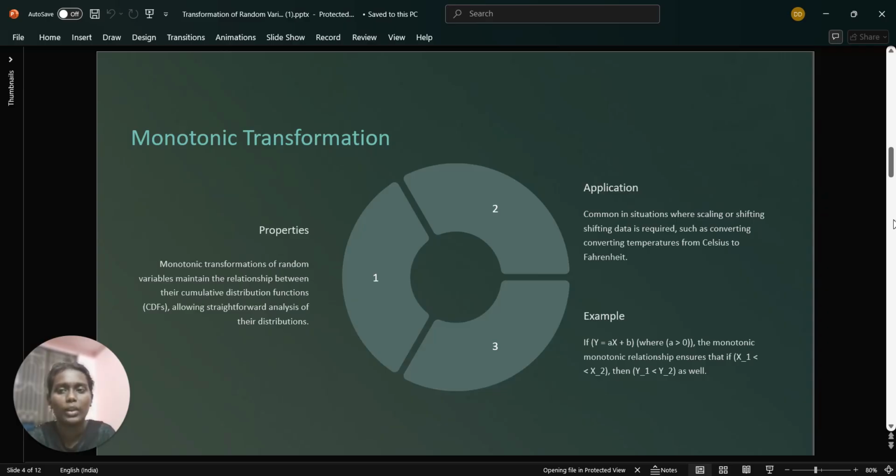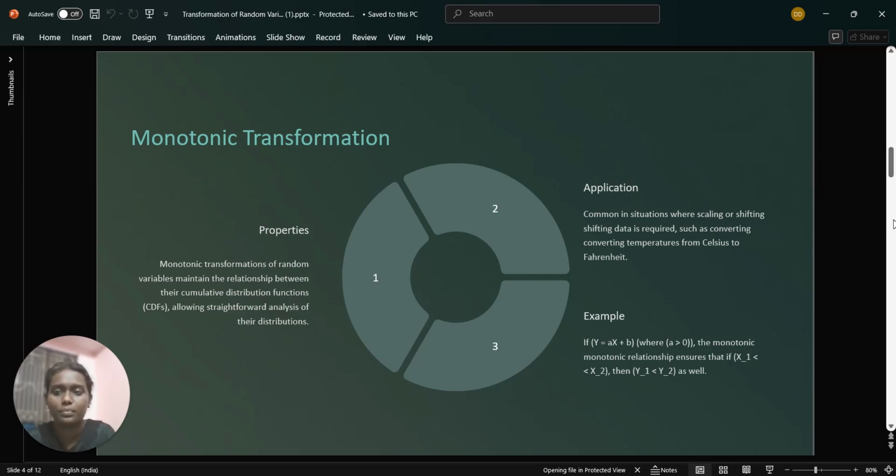Let us discuss monotonic transformation briefly. In the previous slide, we discussed the definition of a monotonic transformation. Here we are going to discuss its properties, applications, and examples.